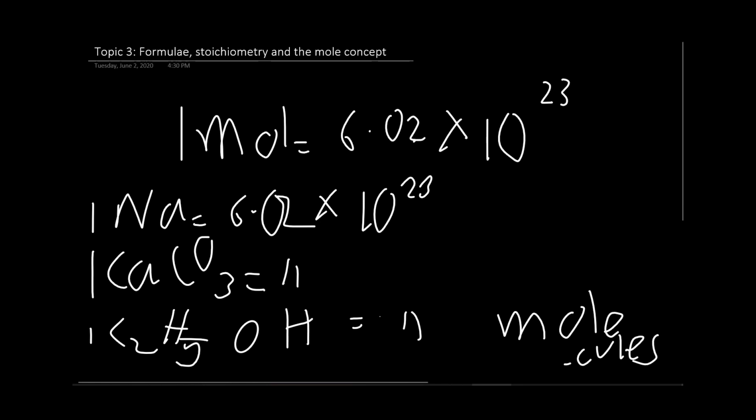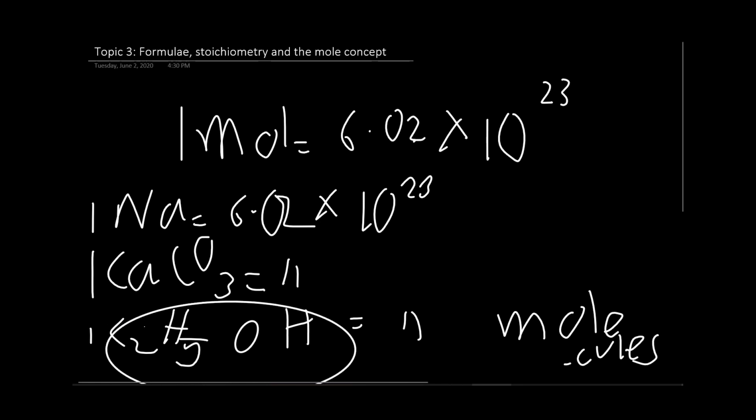And so on. So basically 1 mole of sodium has 6.02 into 10 to the power 23 atoms in it. 1 mole ethanol has 6.02 into 10 to the power 23 molecules of ethanol in it, right? Means this is a molecule.